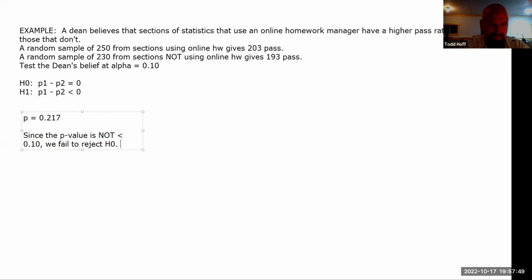So there's not enough evidence to refute the dean's claim. Notice we didn't prove it, we didn't confirm it, we just failed to reject it or failed to refute the dean's claim.